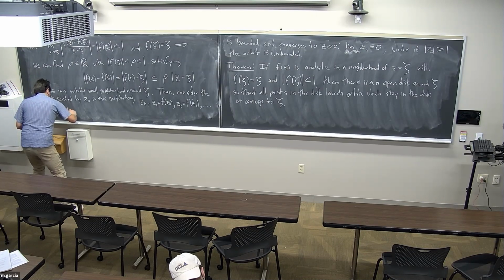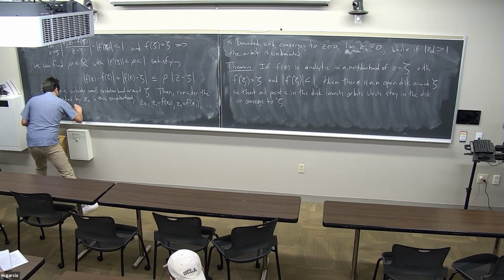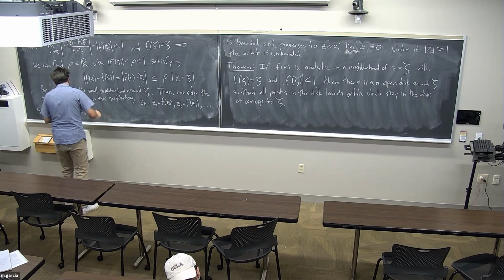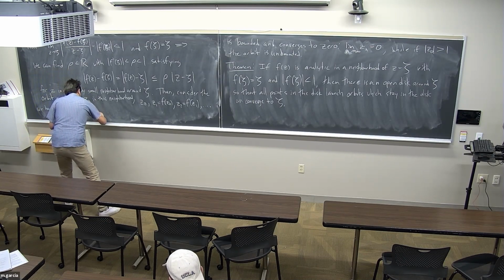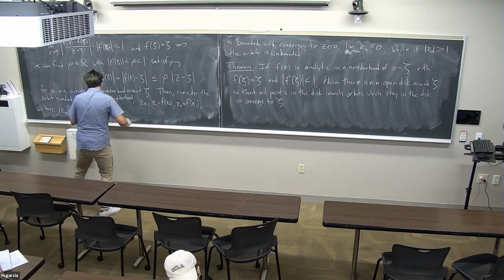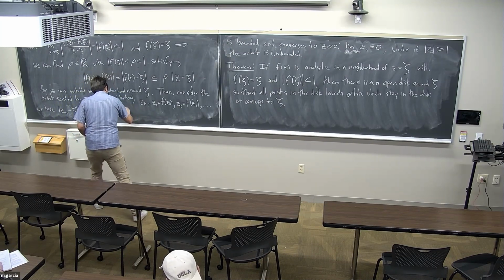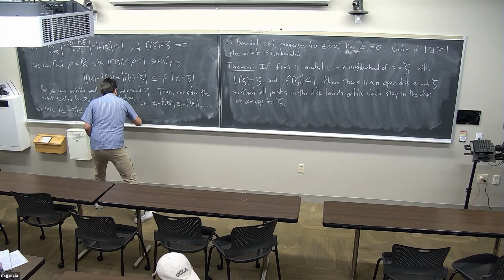The modulus of zn minus zeta is less than or equal to rho times the modulus of z n minus 1 minus zeta, less than or equal to rho squared times the modulus of z n minus 2 minus zeta.